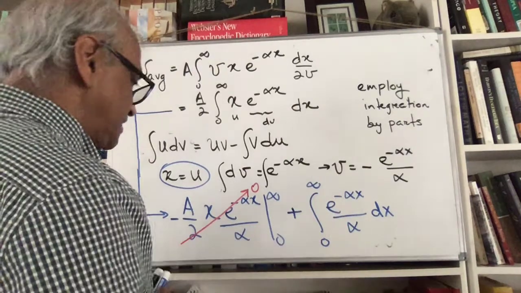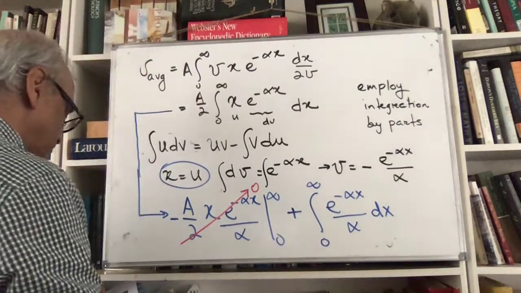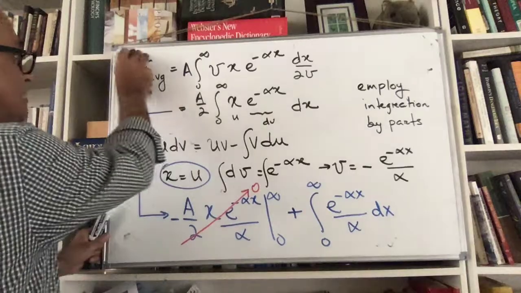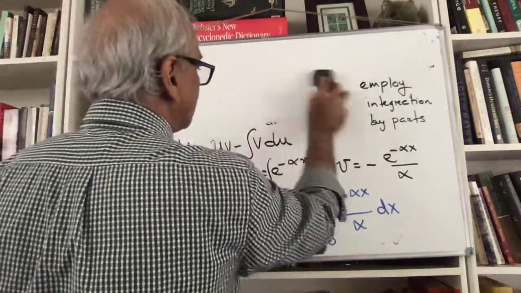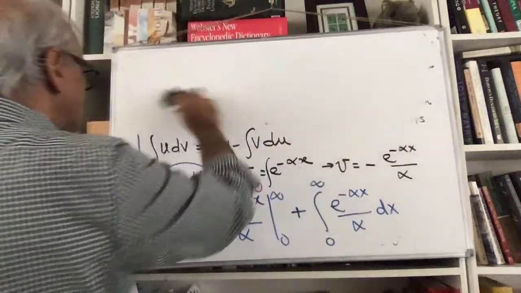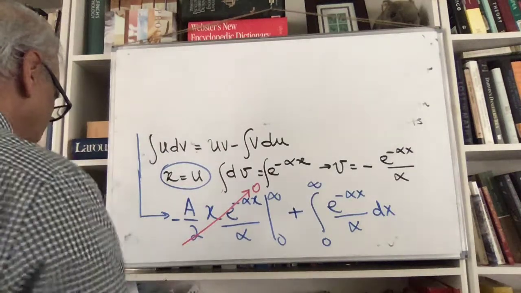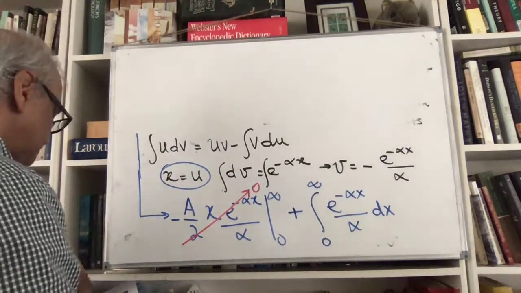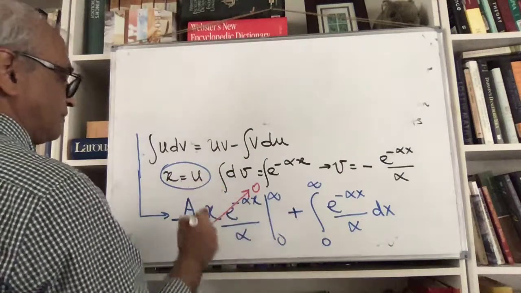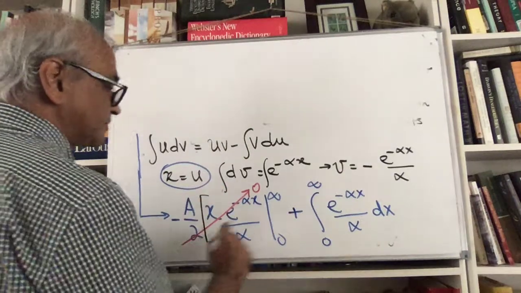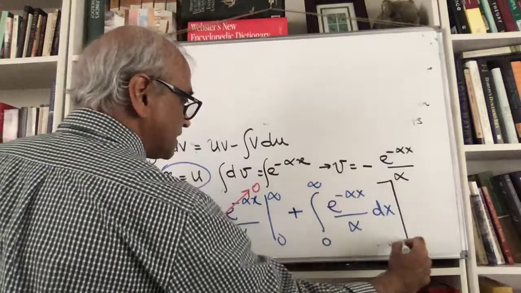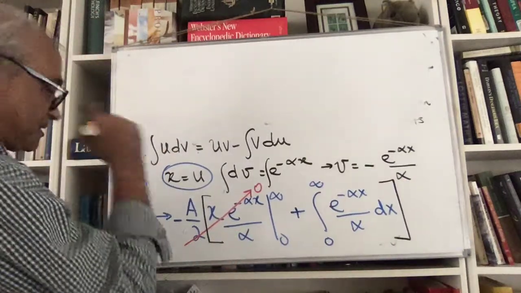What about this guy here? Well, that's the one that will give us our final answer. So let's start writing down what that is. Remember, there is an a over 2 over here continuously.